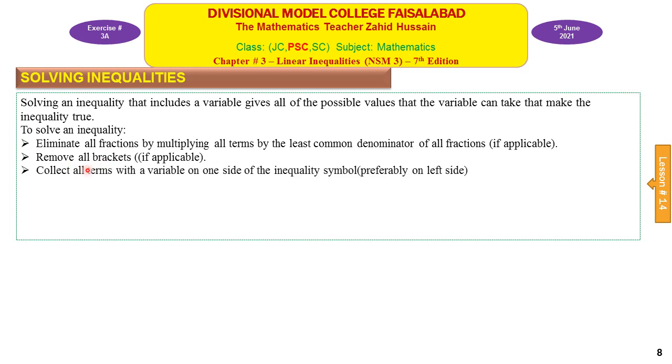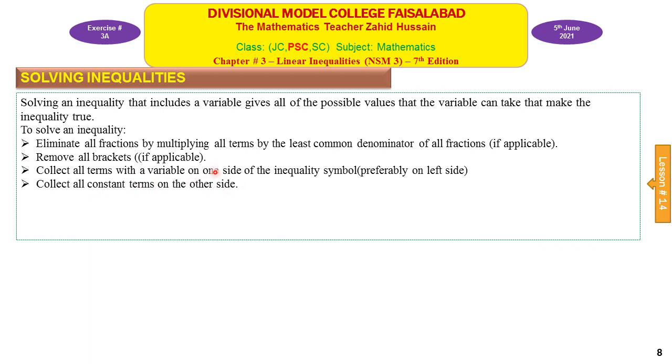Now we will do the same thing which we do in solving equations. We will collect all the terms with the variable on one side of the inequality symbol, and this we will do preferably on the left hand side. That is, we will collect all the terms with the variable on the left hand side, and all the constant terms without the variable we will bring to the right hand side.